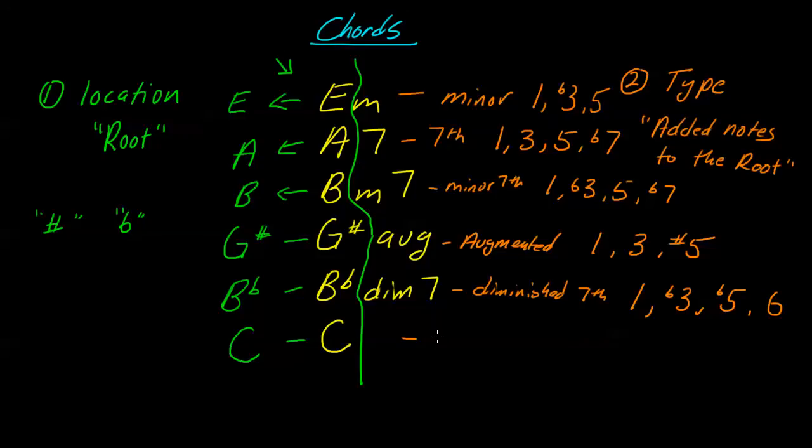And the type is major chord. And all major chords include the 1, 3, 5. You remember the ones are all the roots which are located here.